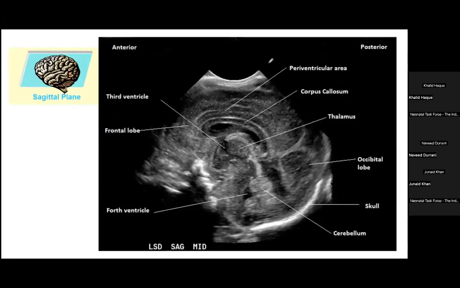And when you do the sagittal plane, dividing into right and left halves, the front of the head is on your left side. This is the anterior, and this is the posterior. You will understand all the structures as I go further in my presentation.